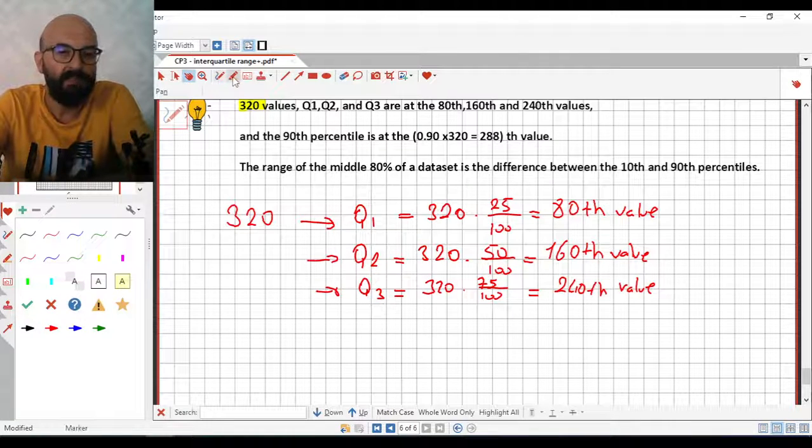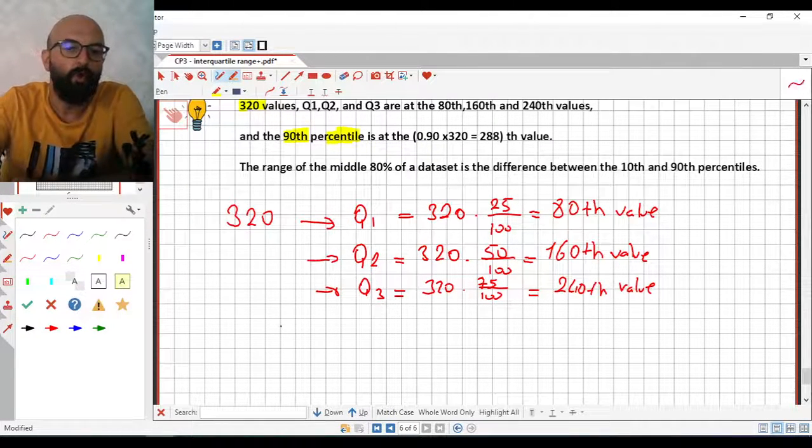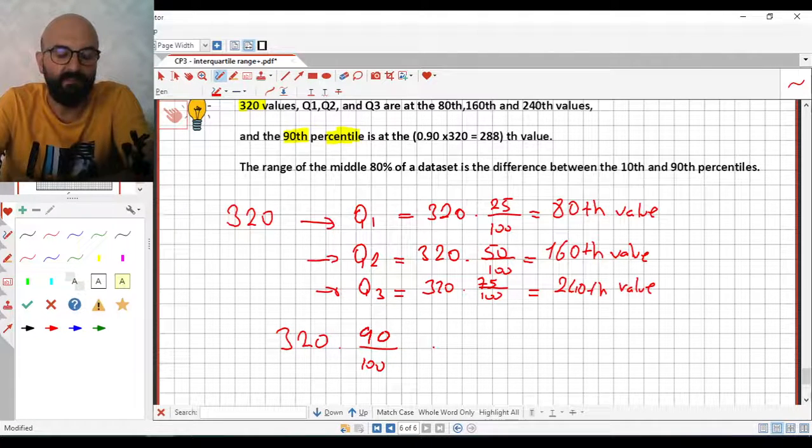For example, if they want us to find the 90th percentile value, we multiply 320 by 90%, so we find the 288th value.